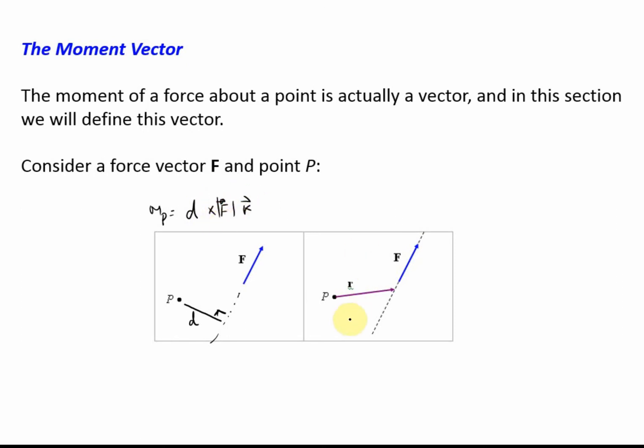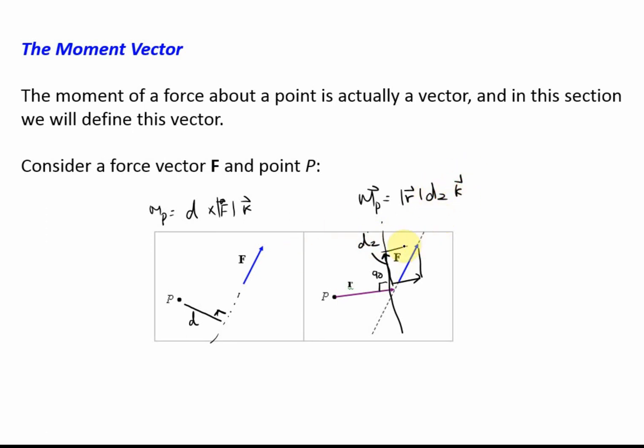Or you can break down your f along the line that is perpendicular to the r position vector, at 90 degrees, and then you get MP as r times d2 times k.